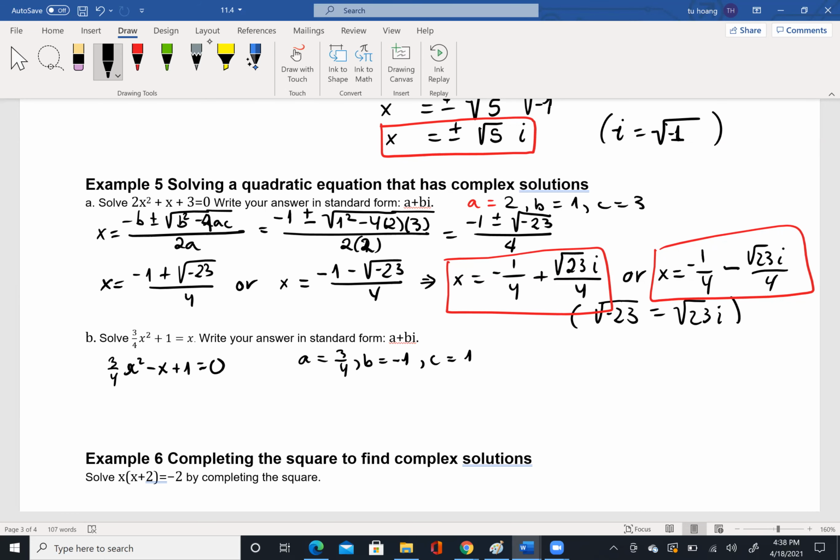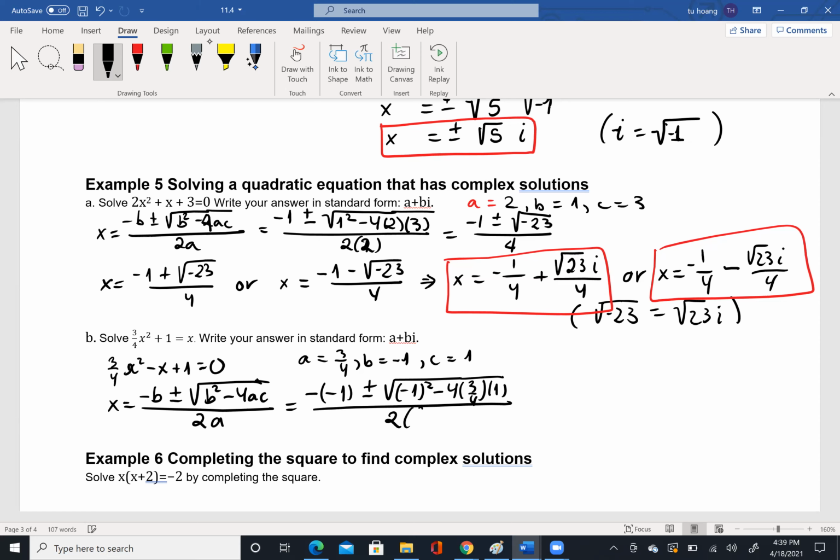So I have x equals negative b plus or minus the square root of b squared minus 4ac, divided by 2a, which equals negative of negative 1 plus or minus the square root of negative 1 squared minus 4 times 3/4 times 1, everything divided by 2 times 3/4. Right.